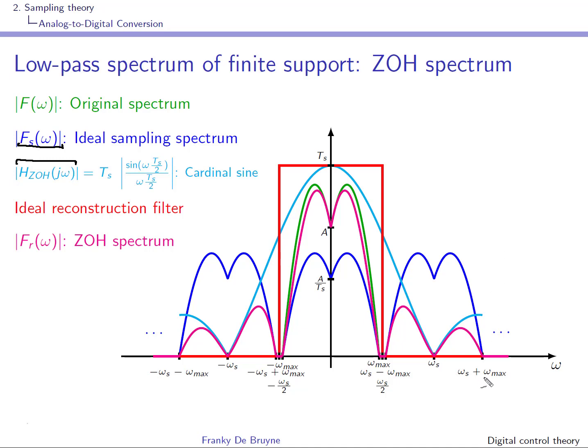We still see the presence of the repetitions, although if you go further in frequencies these repetitions will be attenuated more and more. And you also see that in the frequency band of interest, minus Nyquist frequency to Nyquist frequency, we have distorted the original spectrum.